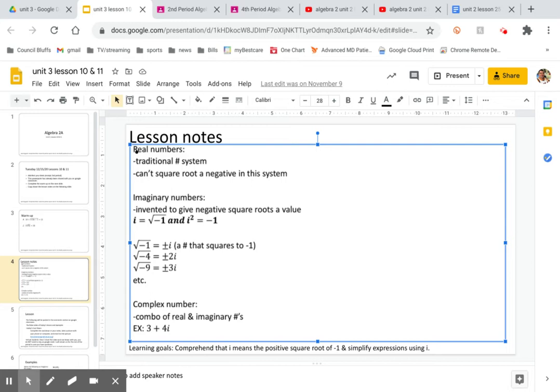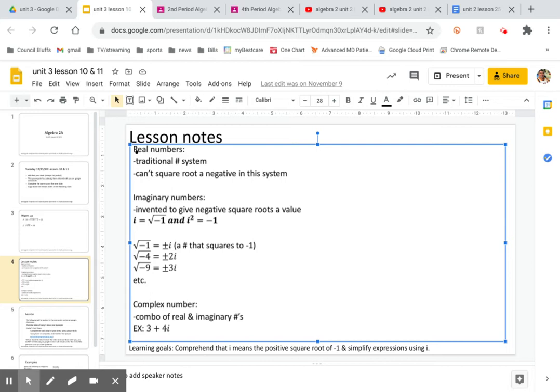So in this new imaginary number system, it is possible to square root a negative, something totally different than what we're used to in the traditional real number system. This imaginary number system was invented in order to give negative square roots a value. And some interesting things happen with that.